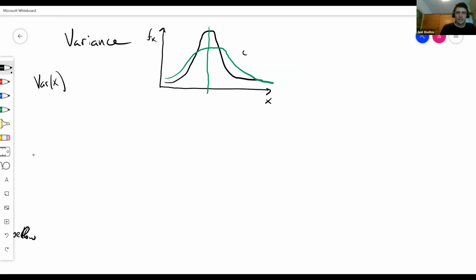we denote it as sigma for the population, and we denote it as S for a sample. Sorry, this is sigma squared and S squared. That's variance.